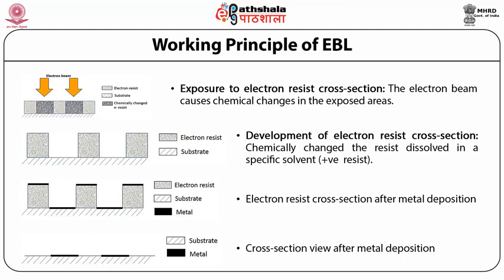With the removal of the exposed resist from the substrate, a thin metallic layer is deposited that sticks to the substrate, while on the unexposed areas the metal sticks to the resist surface.